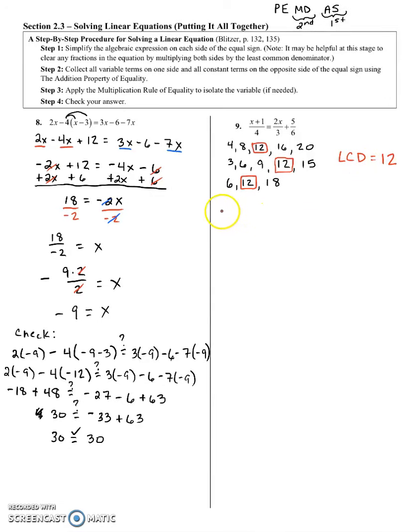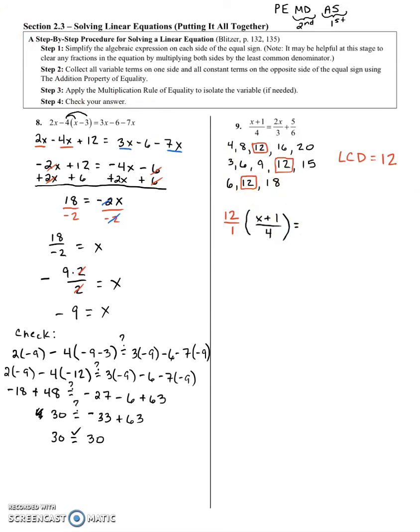So we're going to multiply both sides of the equation by 12. So we have 12 over 1, and that's going to be times x plus 1 over 4.